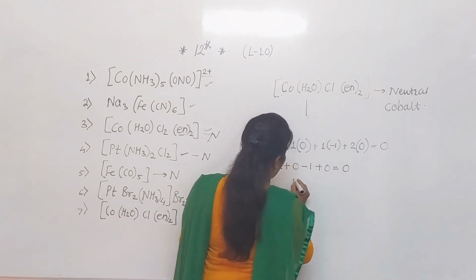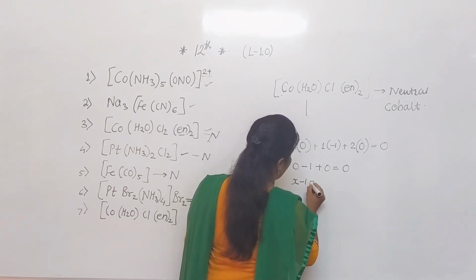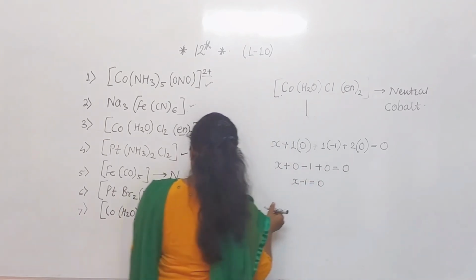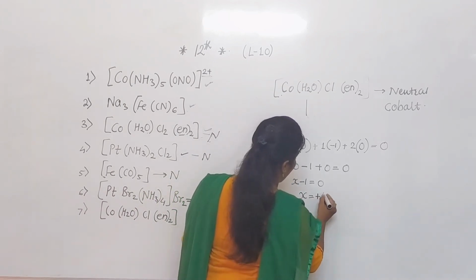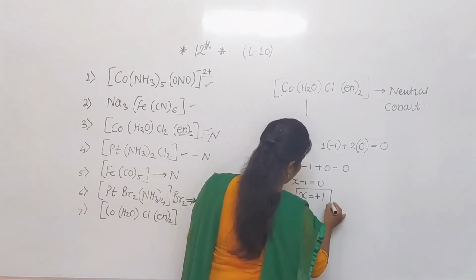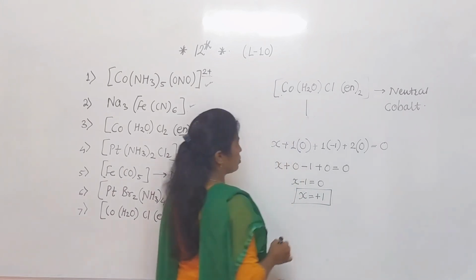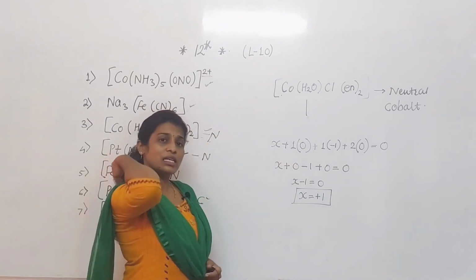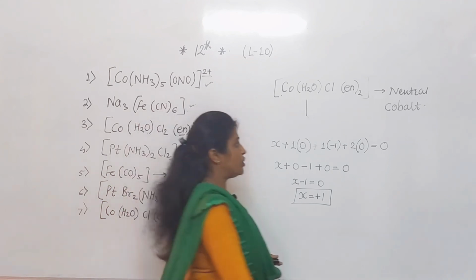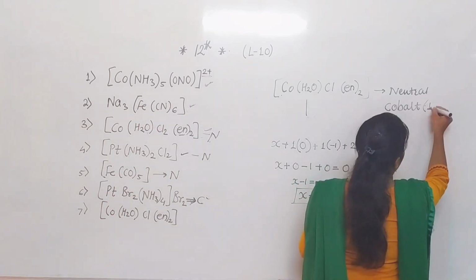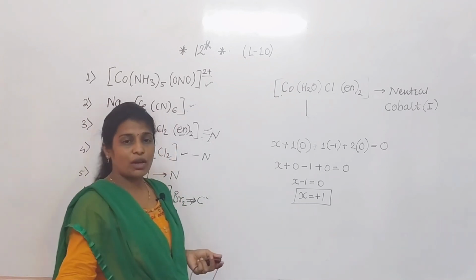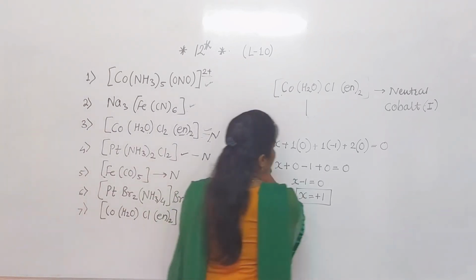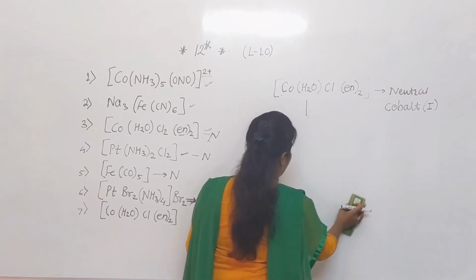So X minus 1 equal to 0, so X is equal to plus 1. So the oxidation number of cobalt is 1, and we have to write Roman I. Clear to you?